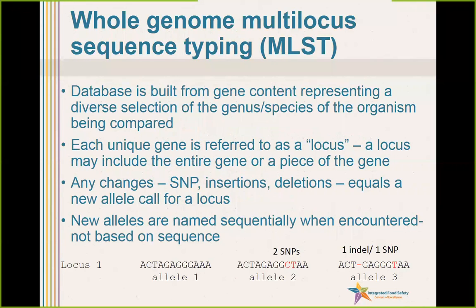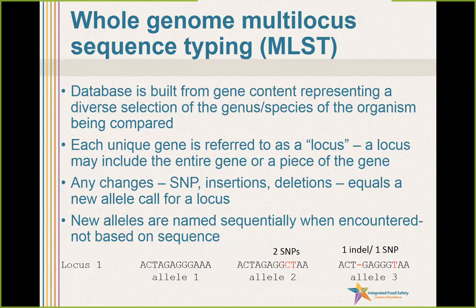Whole genome MLST is another method for analysis. There are predefined loci or genes which equate to short reads. For example, with Listeria, there's X number of genes. When looking at just one of those loci, you can take a look at the actual read and look for differences. In this example, the first read is allele 1. When you look at the next read, there are 2 SNP differences.